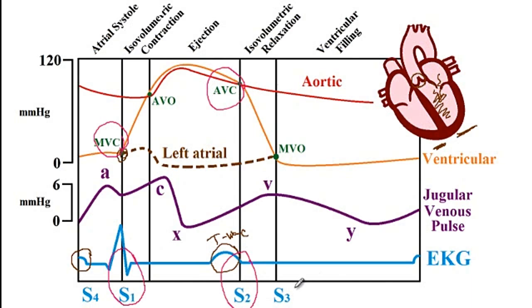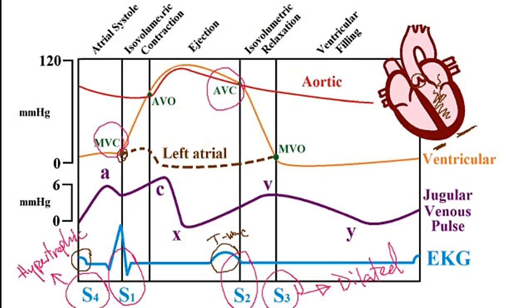Now there are two other heart sounds. S3, which is after the S2 heart sound, is indicative of dilated cardiomyopathy, while we also have S4 before the S1 heart sound. This is seen in patients that have hypertrophic cardiomyopathy.